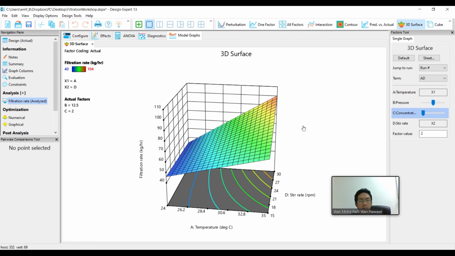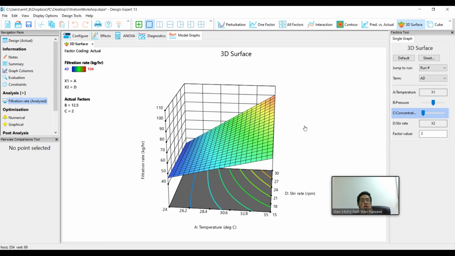Some people say this does not look nice because in their mindset DOE must be the beautiful thing, like the mountain with the peak, the red in the middle and so on. That's for RSM. You cannot get it here because you do factorial. There is no curvature.